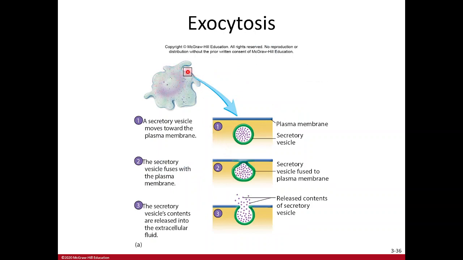So if you magnify this part of the cell, this molecule that was located inside the cell will fuse to the plasma membrane, and then the contents will go out of the cell. So this is exocytosis.